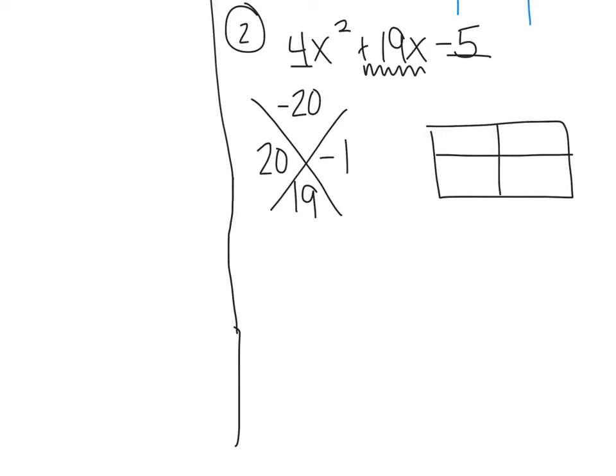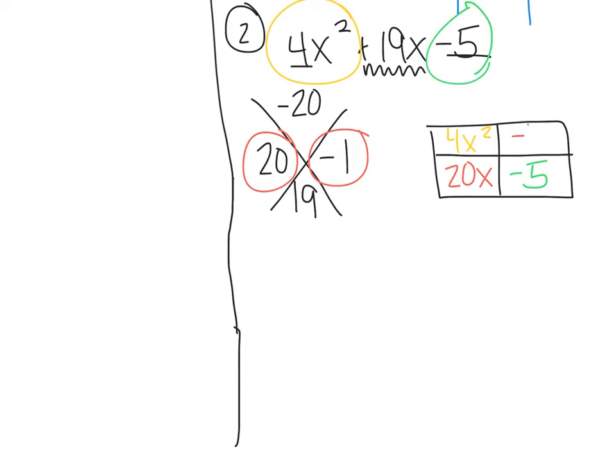Now I'm going to fill in my box. So 4x squared, and then my minus 5, and then 20, don't forget the x, and negative 1x.